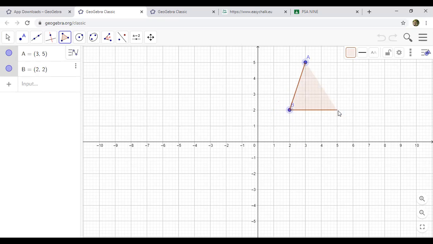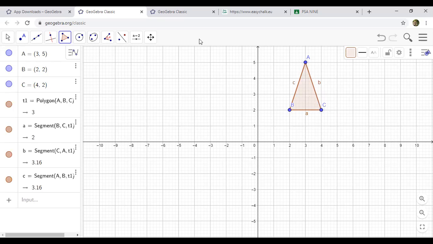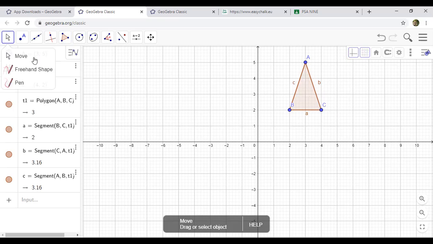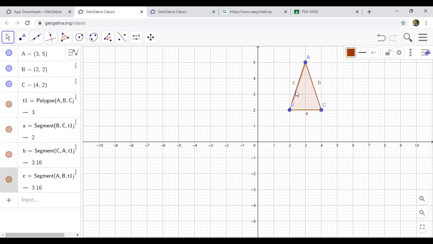Please count. You can use your book. The point C is 4, 2. Okay, this is a triangle. This is the given triangle. This is the object. We are going to do the translation on this.